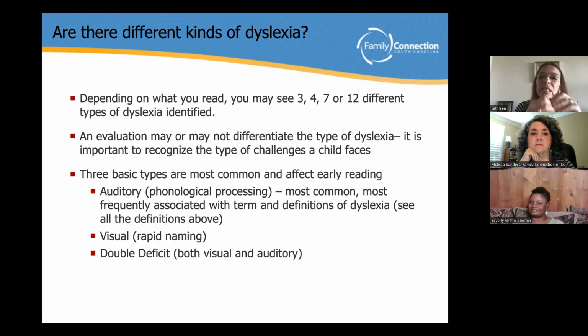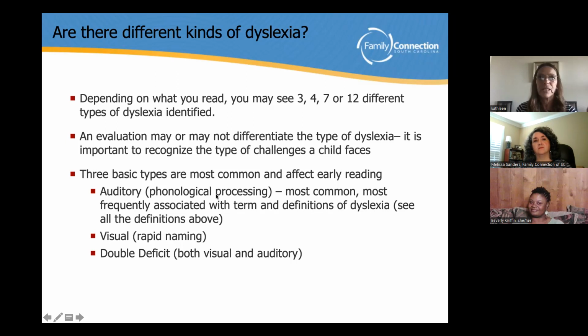Okay, you do see a couple of issues that I've listed below that tend to distinguish a little bit, that you might see actually identified in an evaluation for a child with dyslexia, but there are just a million different kinds of dyslexia. But the point is for you to remember that these 3 basic types are most important.